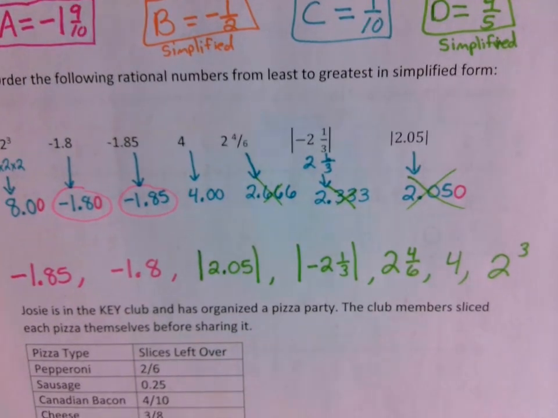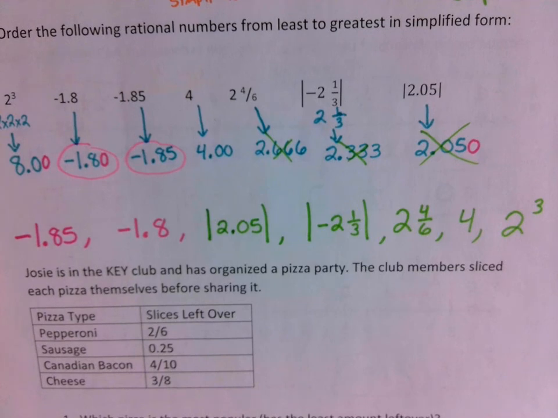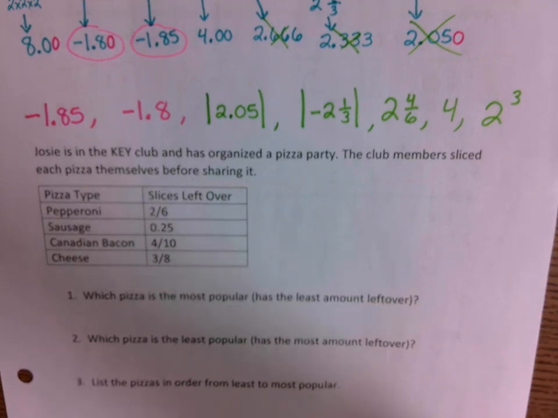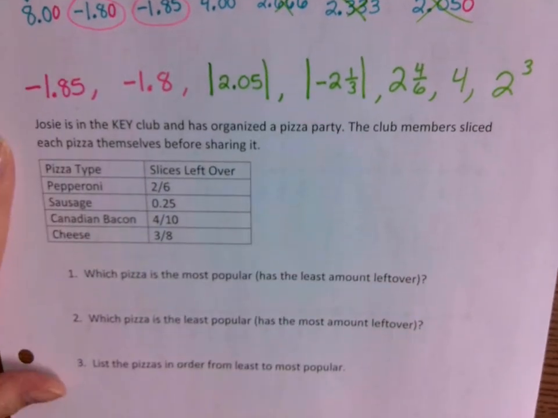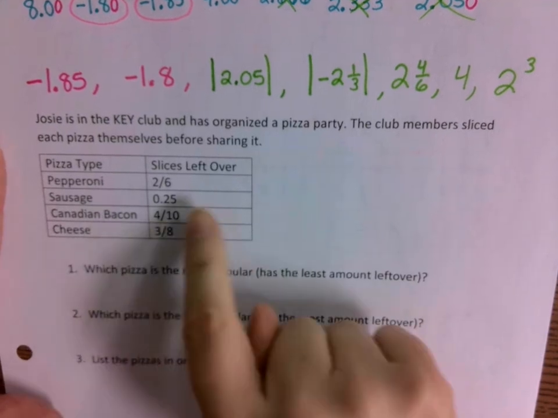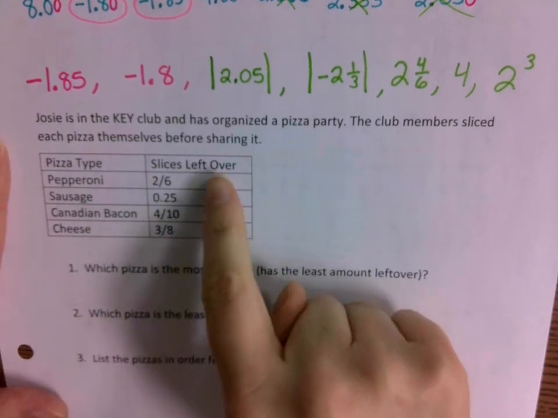So when comparing, it's easiest if you compare them by converting them into decimals first. Convert them into decimals first, and then do your comparisons. So what I want you guys to do is right here, I'm giving you values for how many slices are left over for different types of pizzas.